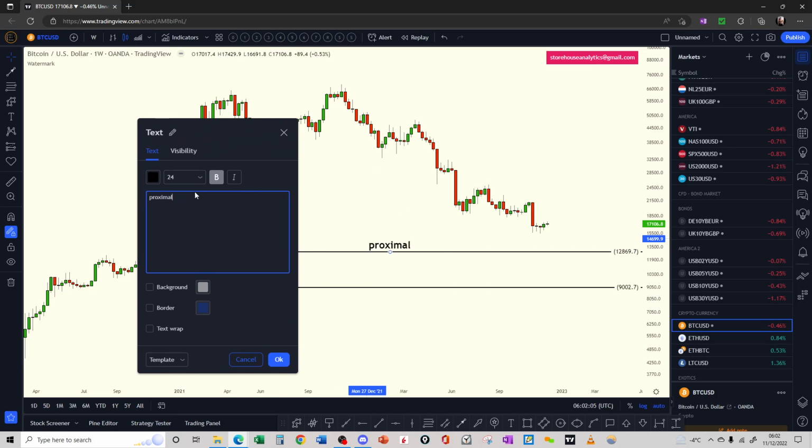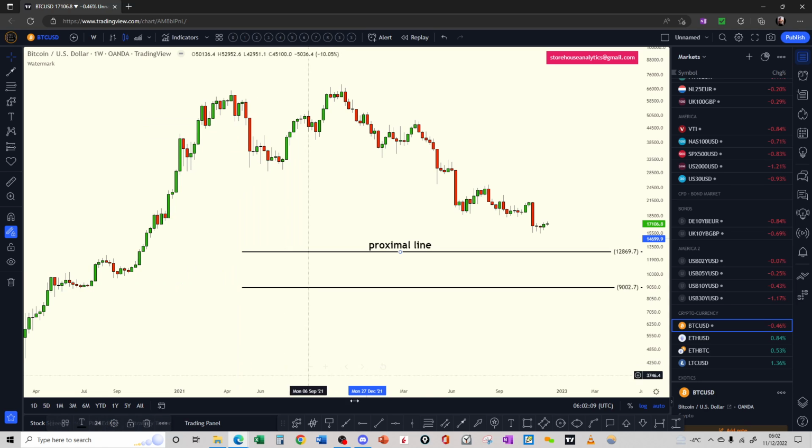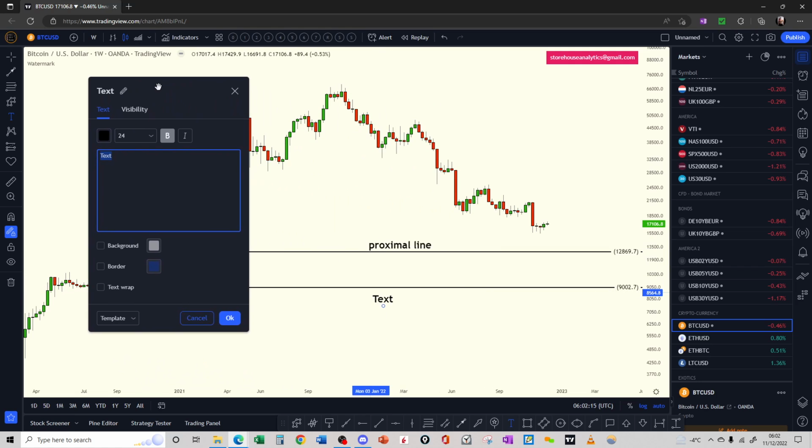Let me make that line as well. And the line away or furthest away from price is referred to as the distal line. Just like we would in medicine when we're describing structures in the human body, proximal in front, distal behind. That's all that means.